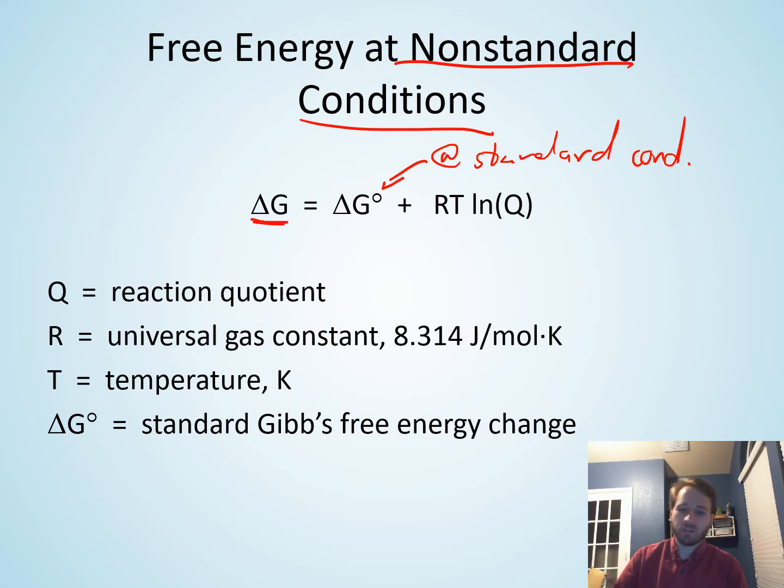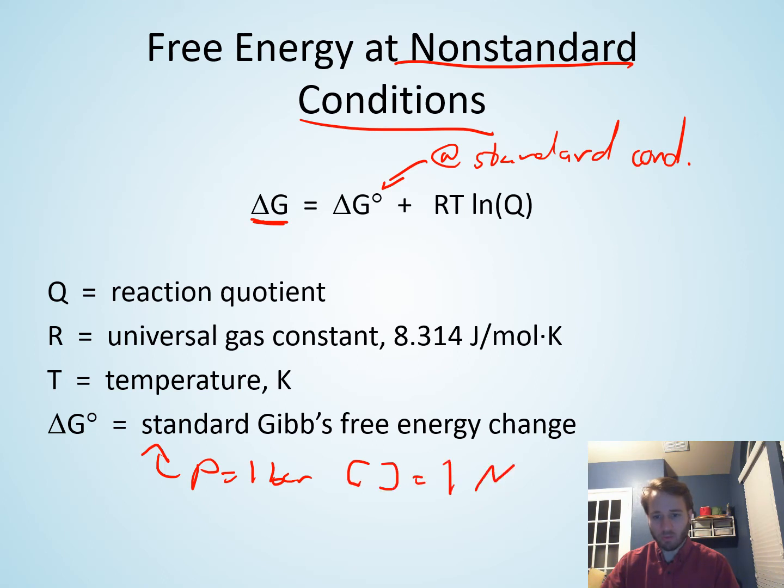Delta G naught is when your pressures equal 1 bar and your concentrations equal 1 molar. Q, the reaction quotient, is the concentrations of products over the concentrations of reactants, raised to their stoichiometric coefficients.